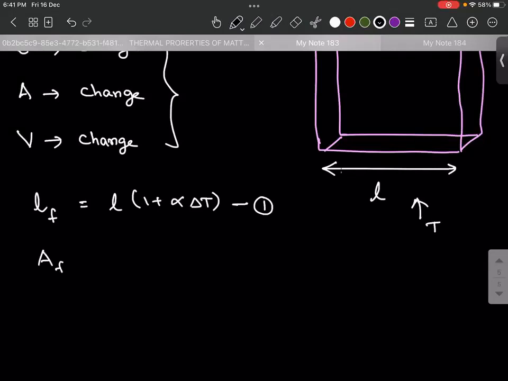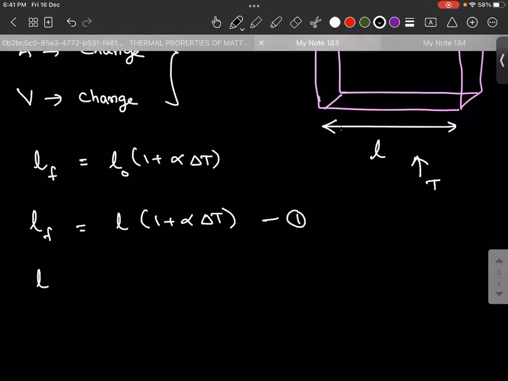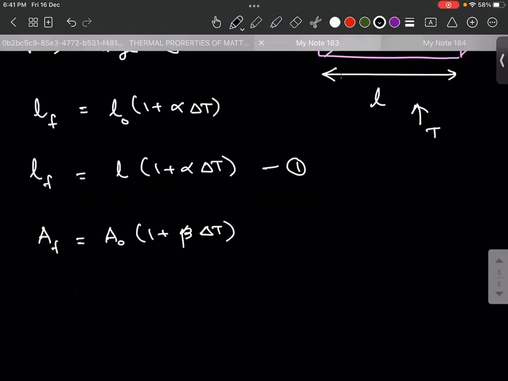Now, let me write it in a different way. L final will be equal to L into 1 plus alpha into delta T, which I'll call equation number 1. Similarly, A final will be equal to A naught into 1 plus beta into delta T. But what is A? A is L square.